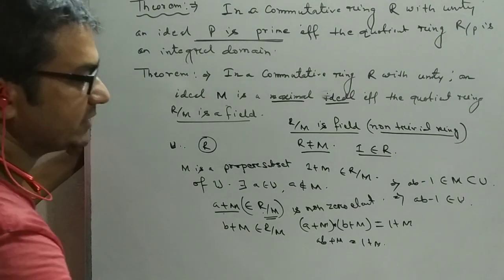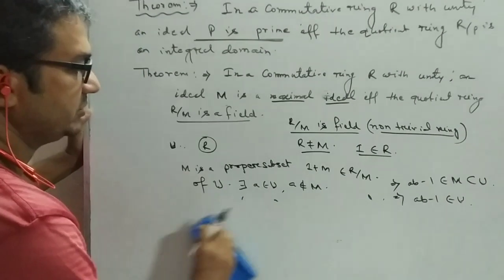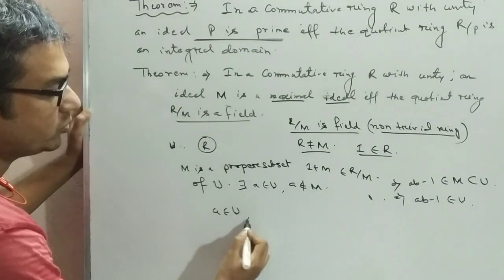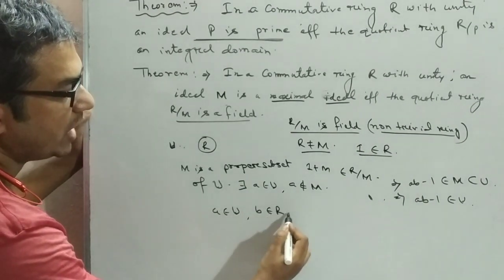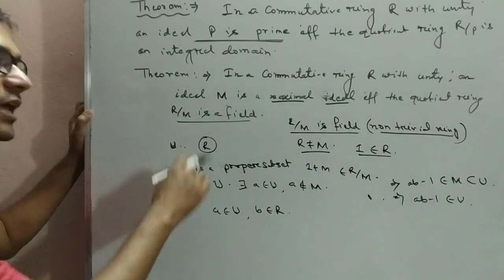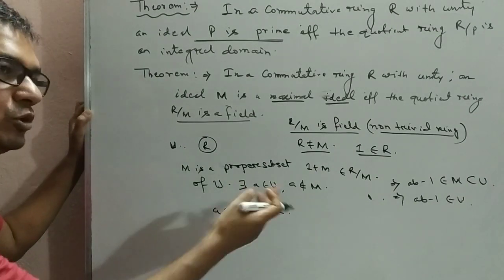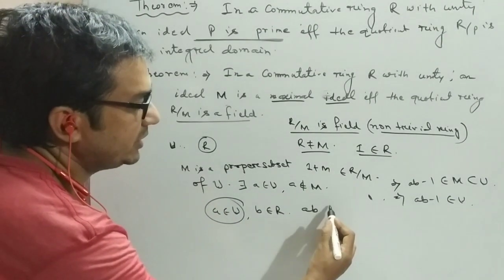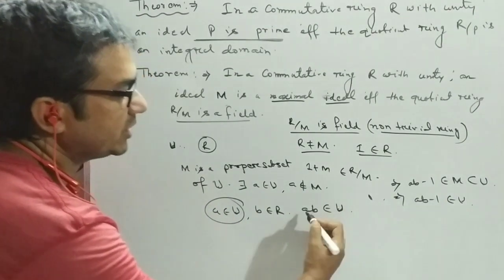Now A belongs to U and B belongs to R, and since U is an ideal, we must have AB belongs to U from the definition of ideal.